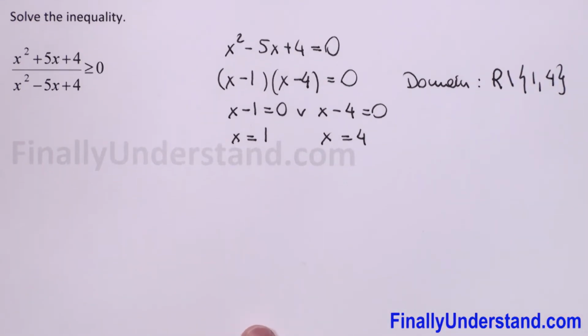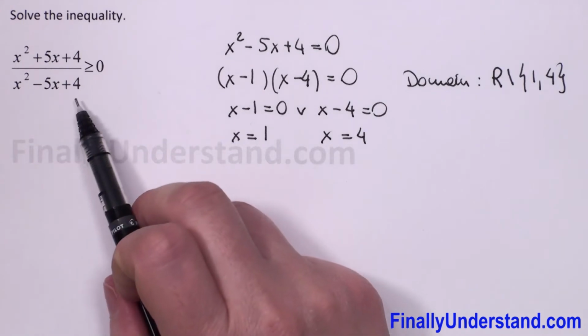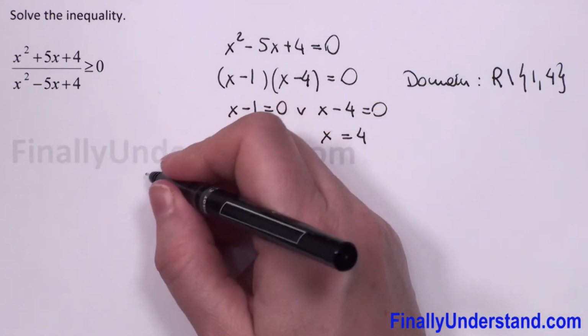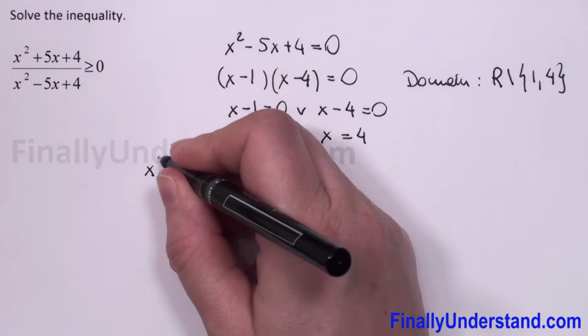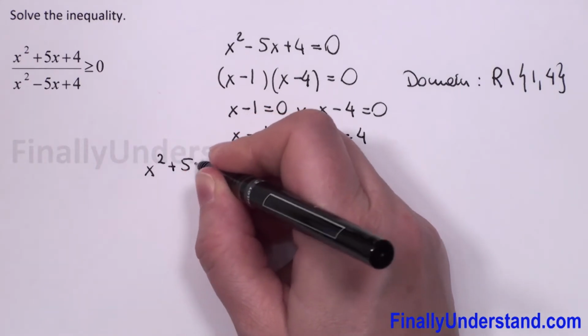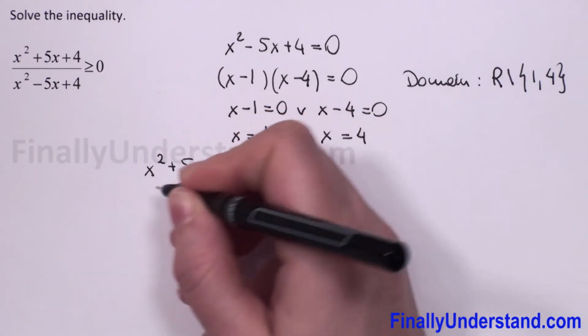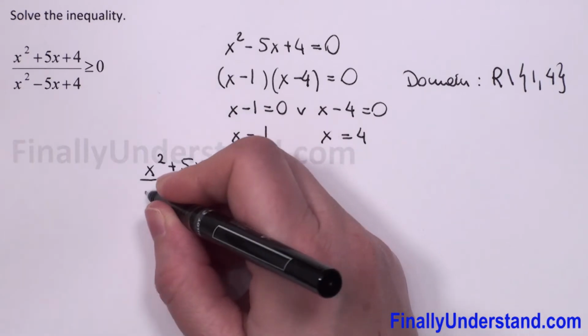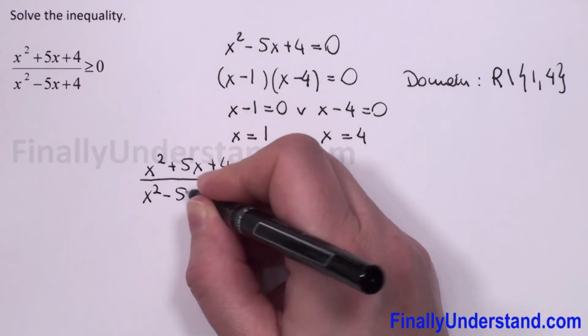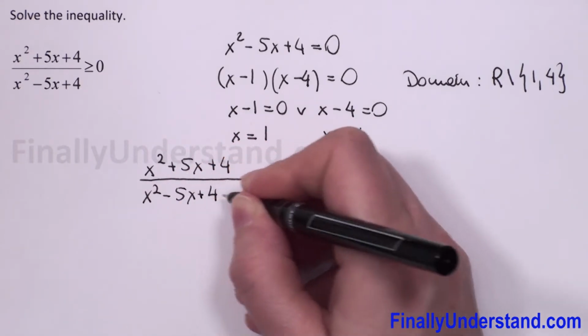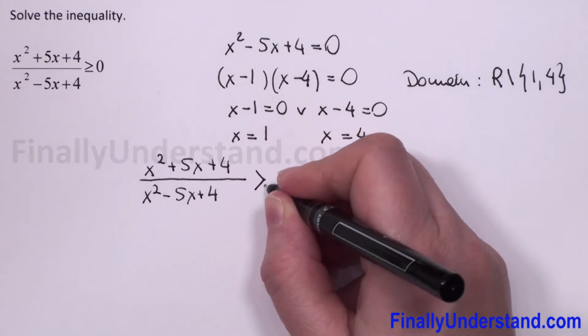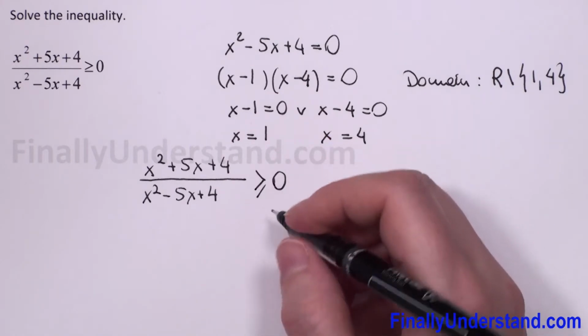Now we can come back to our inequality. Let me copy. I have x squared plus 5x plus 4 over x squared minus 5x plus 4 is greater than or equal to 0.